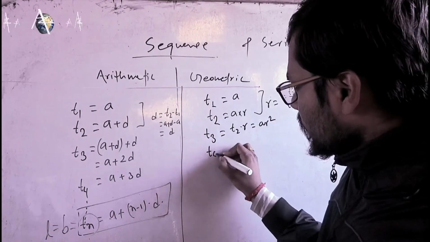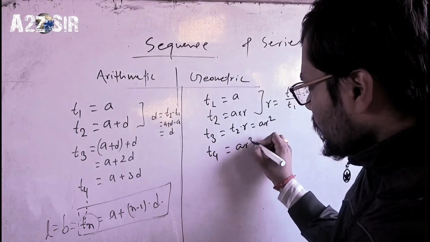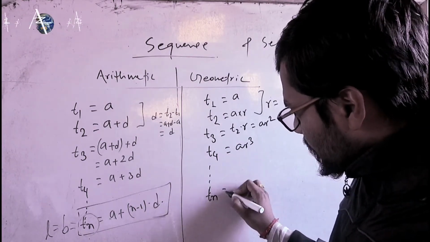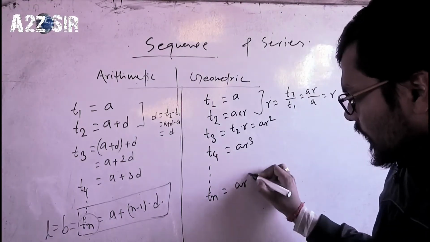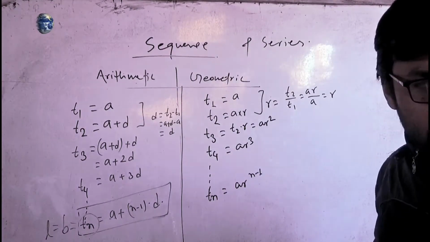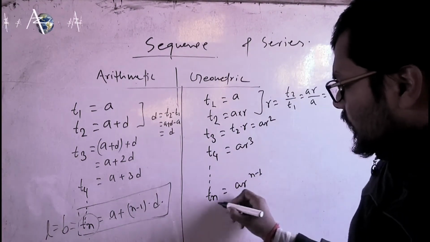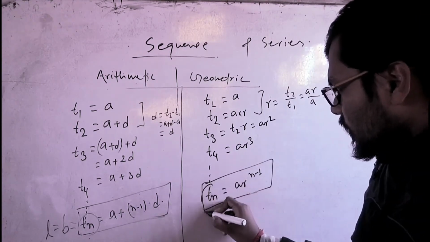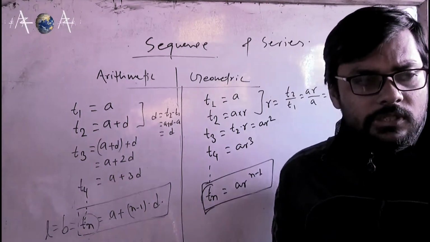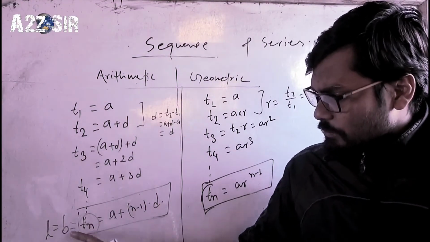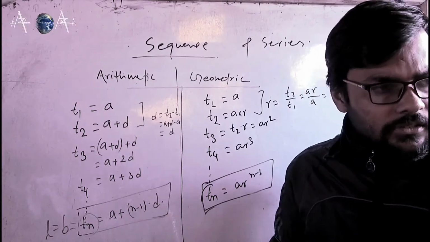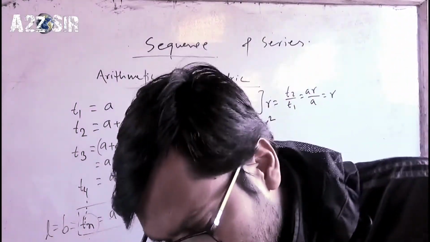Similarly T4 is ar cubed, and going on to Tn, it becomes ar to the power n minus 1. This is the general term for the geometric sequence, and similarly you can use B as Tn, sometimes L as Tn.